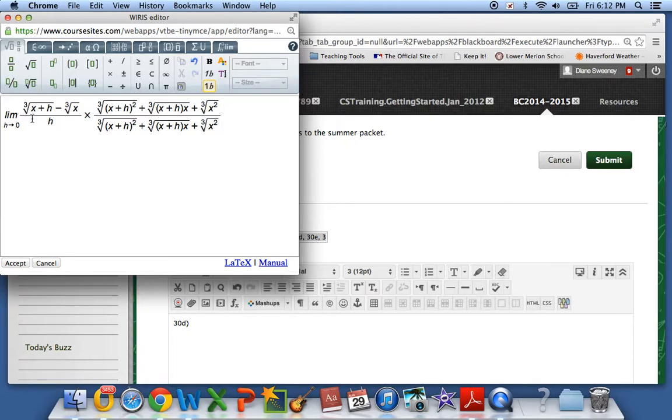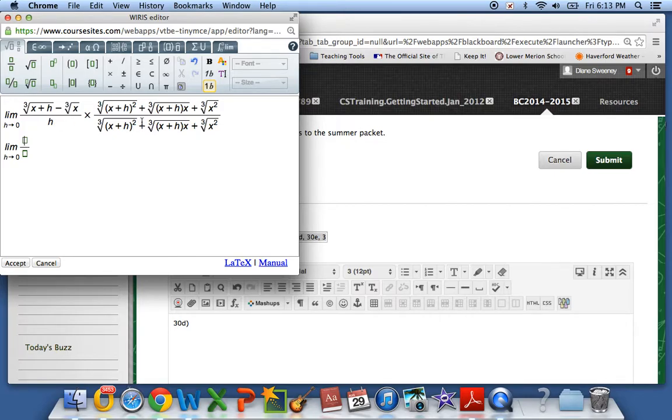Okay, now here's what we're going to have. We know the next line is also just going to be a simplification of this one. So I'm just going to do a lot of copying. I'm going to come down to my next line. Let's just wait. We should get that limit statement again. Okay, there we go. I'm going to take the limit of, and I'm just going to simplify this fraction.